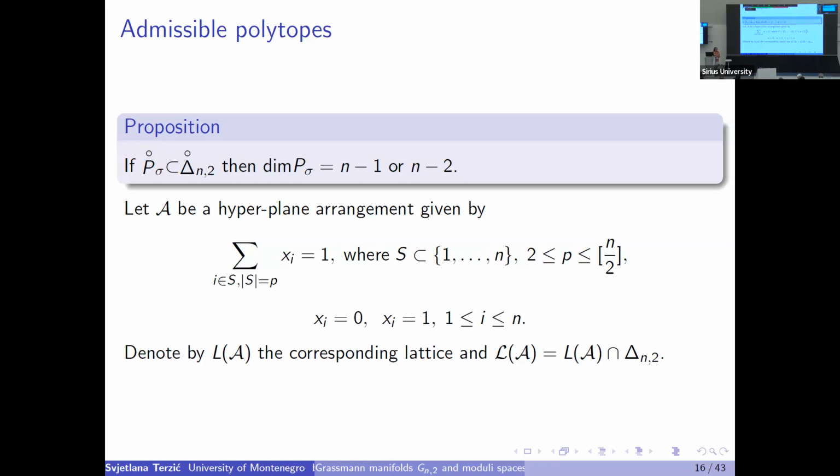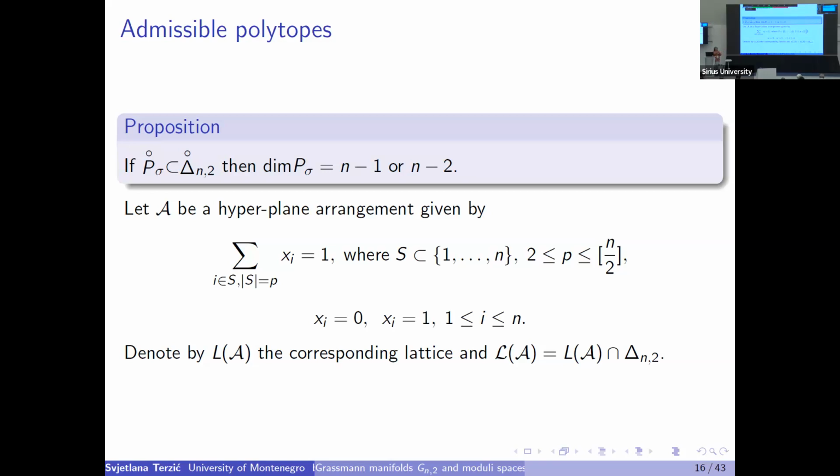What is nice here is that these admissible polytopes, which we defined as the images of the strata by the moment map, can be defined using a nice hyperplane arrangement. We consider this hyperplane arrangement, given by the planes sum of x_i equal to 1, where i goes over some subset S of {1,...,n} of p elements, plus the hyperplanes x_i equal to 1 and x_i equal to 0.